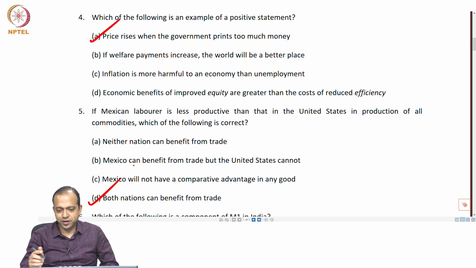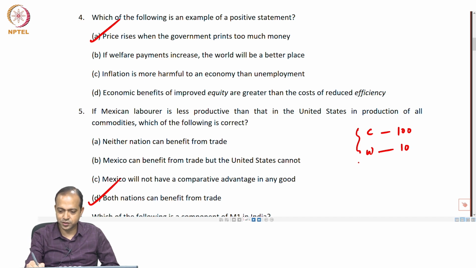For example, let us say there are two commodities, computer and wheat. To produce one computer, let us say the United States requires 100 hours of labor. To produce one bag of wheat, it requires 15 hours of labor.